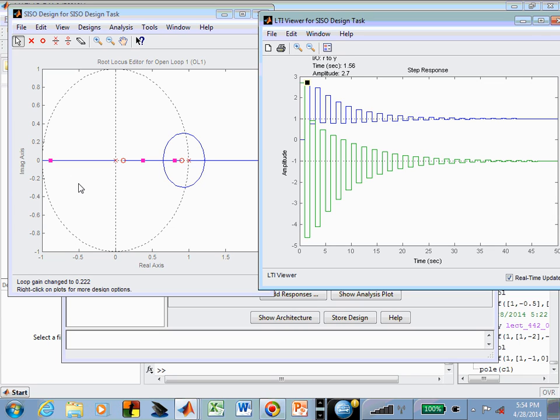Remember what happens to our input, which is the green? It just starts banging back and forth, because of that. Now we have a controller pole that's close to z equal minus 1, and that's not a good thing. So we probably don't want to have closed loop poles that close to z equal minus 1 when we're designing a system.